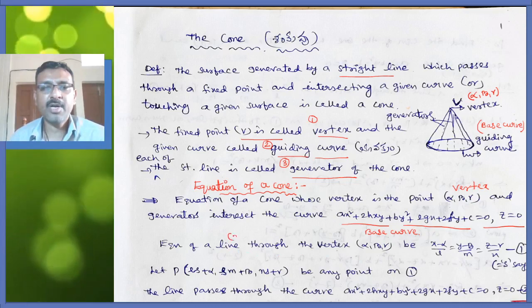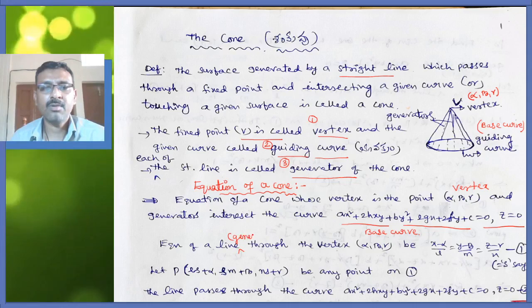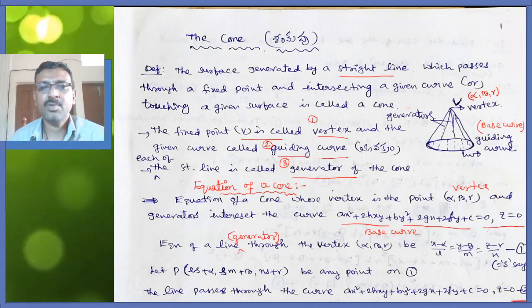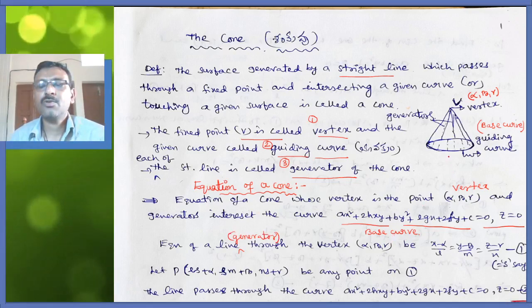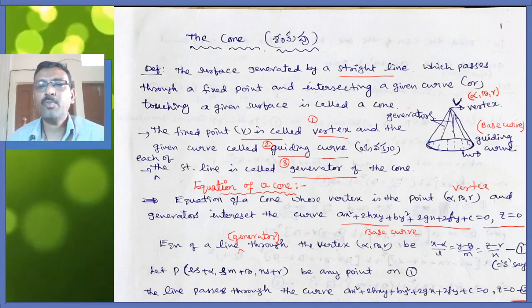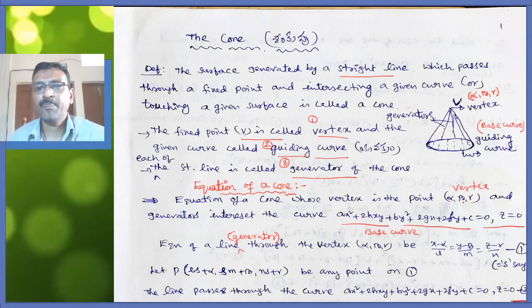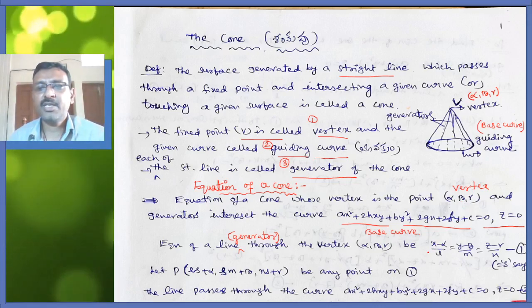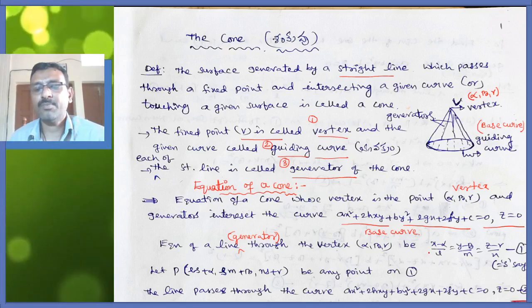The line is nothing but a generator. So generators are the lines that pass through alpha, beta, gamma. Using the point, here I have written the equation of the generator in symmetrical form.